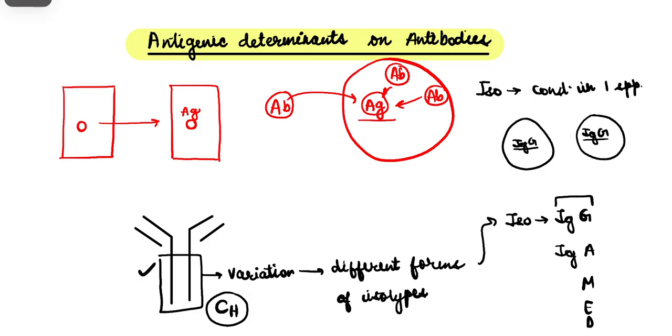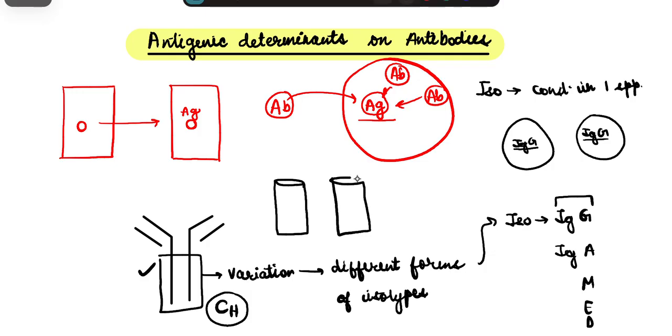Let us try to relate it with an analogy. Suppose I have taken a glass of milk. Let's say I have taken three glasses: I have added milk here, I have added juice here, and I have added lemonade here. So this milk is a kind of isotype. This juice is a different kind of isotype, and this lemonade is another different kind of isotype.